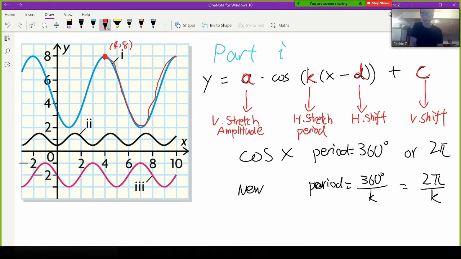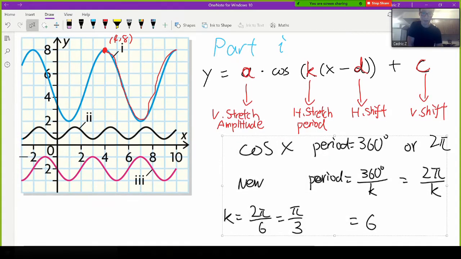So I know that my new period is 6. That means my k value must be 360 over 6, which is 60 if you want to use degrees. Or if you like to use radians, then it has to be 2 pi over 6, and that means your k is pi over 3 if you simplify it.